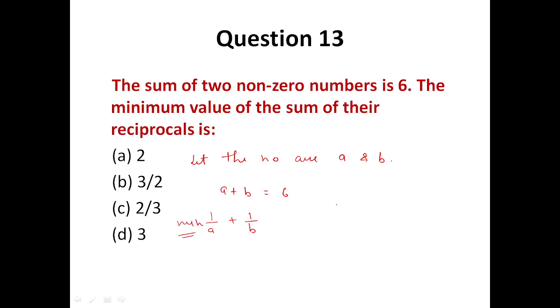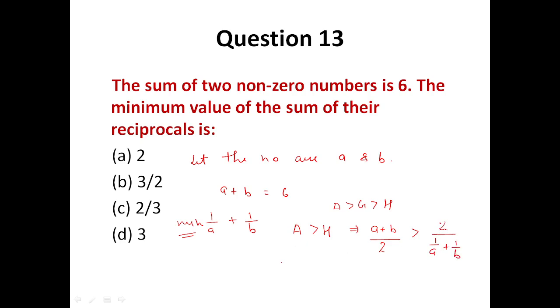So here we will use the AM, GM and HM inequality, meaning arithmetic mean, geometric mean and harmonic mean. Here we will use AM greater than or equal to HM. If you have two numbers, then their arithmetic mean is equal to this, and their geometric mean and harmonic mean will become this.